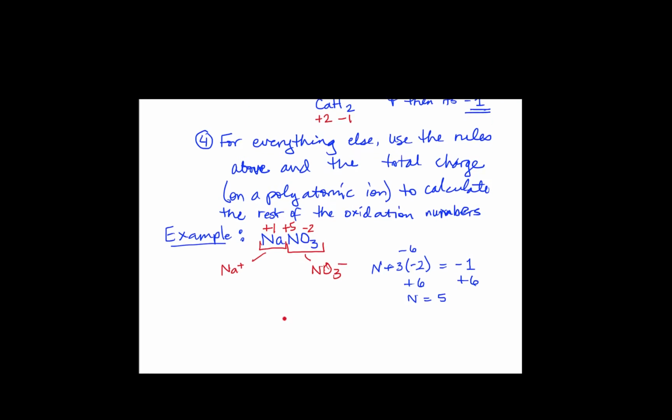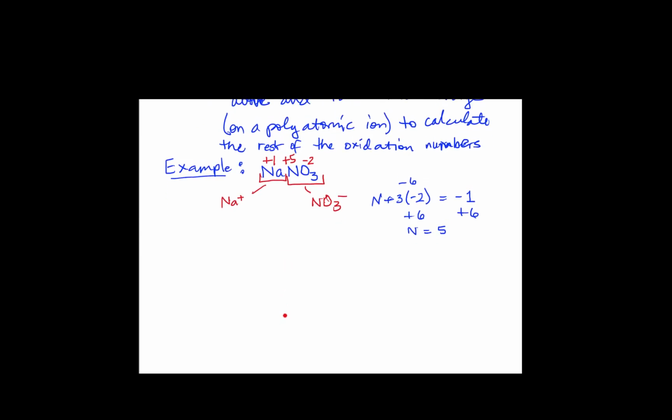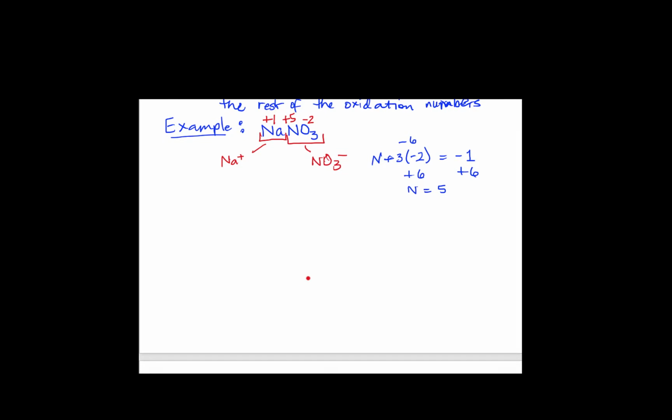So we can do examples with a single compound, but if we're talking about an oxidation-reduction reaction, we're going to want to be able to identify all of the oxidation numbers for the elements in a reaction. So let's look at a couple more examples here. Let's look at the reaction of burning methane in air.